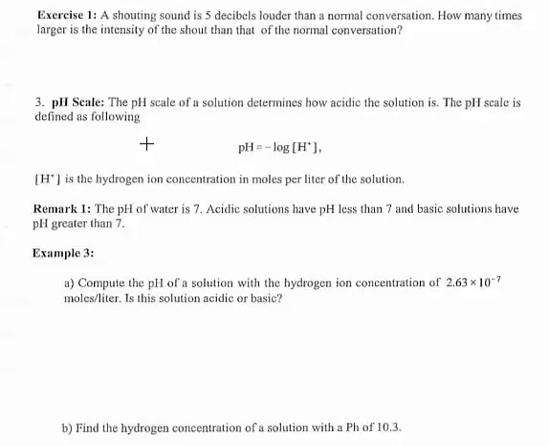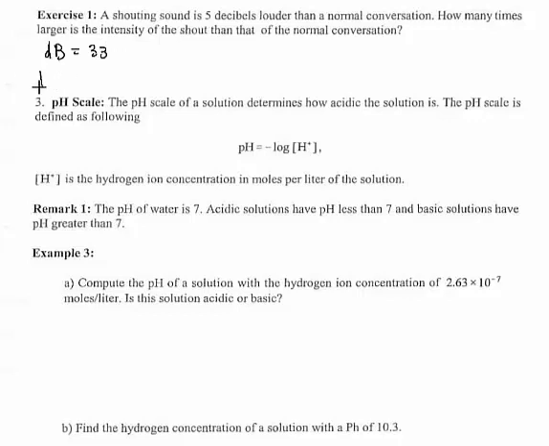Exercise 1 reads, a shouting sound is 5 decibels louder than a normal conversation. How many times larger is the intensity of the shout than that of the normal conversation? Well, up above, for a normal conversation, we calculated 33 decibels. Okay.